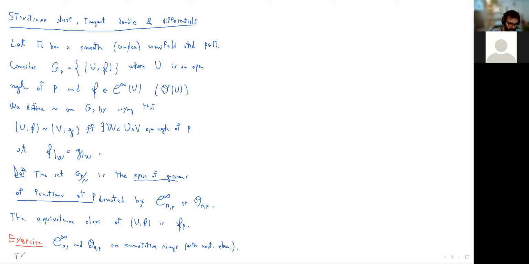And in particular, the latter is an integral domain, while the other is not, unless M is a point. Integral domain, if you don't remember, means that there are no zero divisors. So if a times b is 0, then either a or b must be 0, or both.